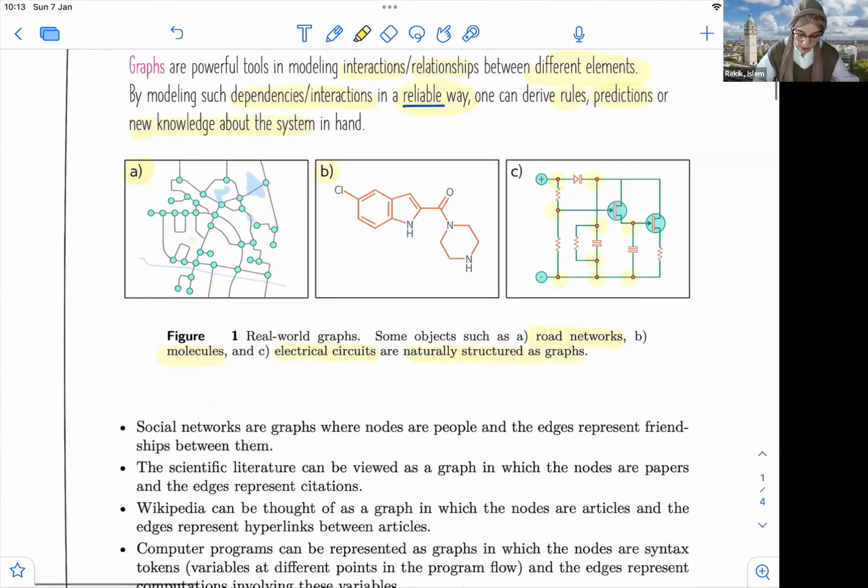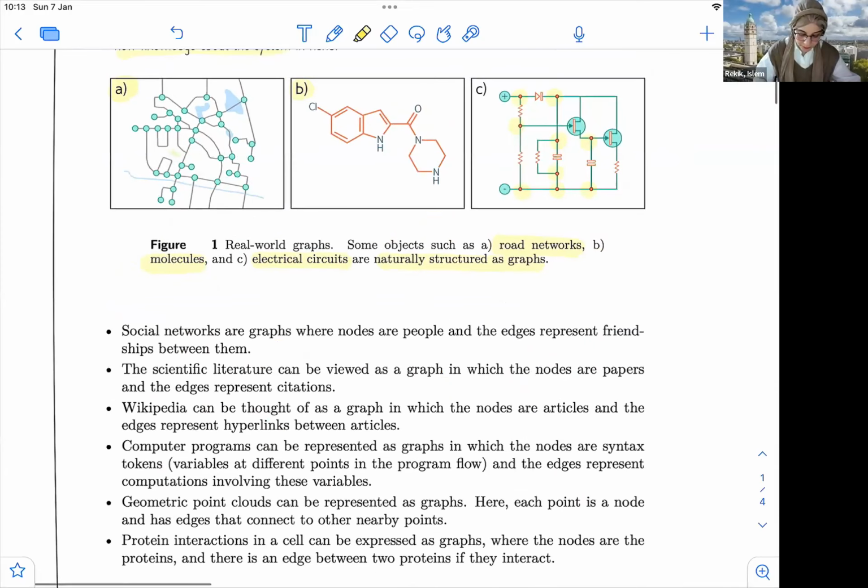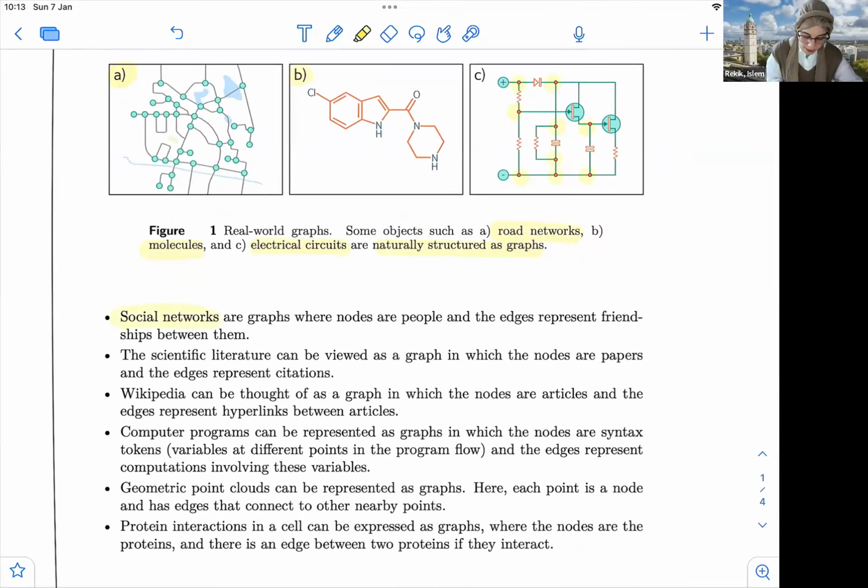represented into graphs. Adding to that, for example, social networks are considered as graphs where nodes represent people and edges represent, for example, friendships or the type of relationship between them.